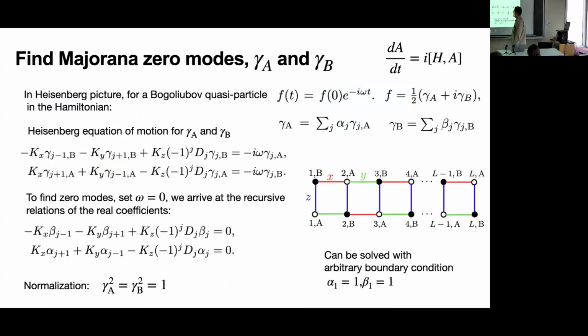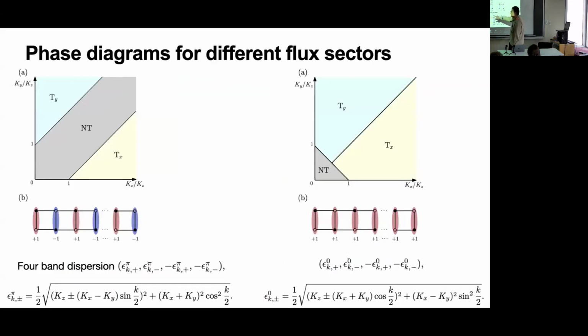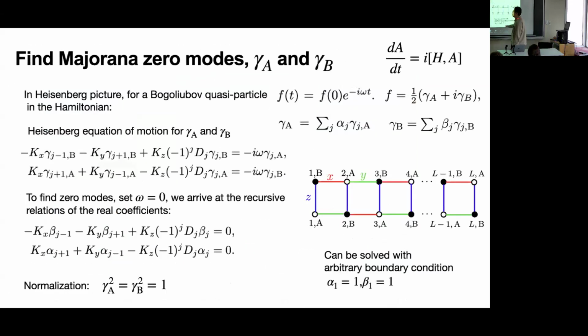Okay. Then after considering the extreme limits of parameters, we also want to know how to find the exact form of the Majorana zero modes, gamma A and gamma B, at some arbitrary parameters. The technique for understanding this is by writing the system in the Heisenberg picture.